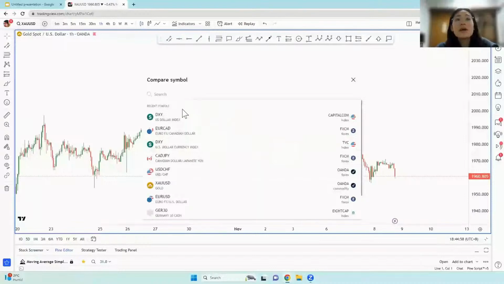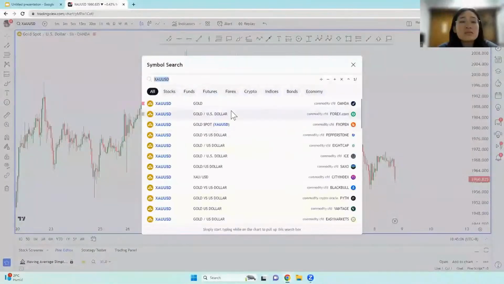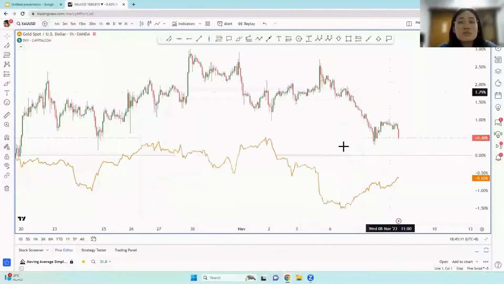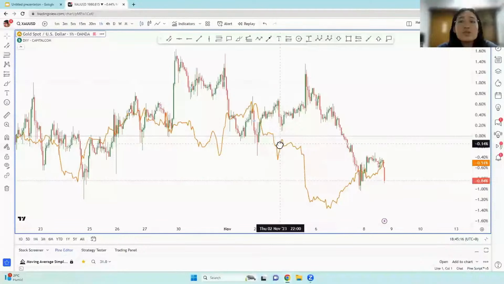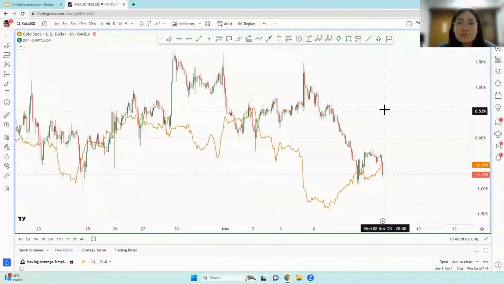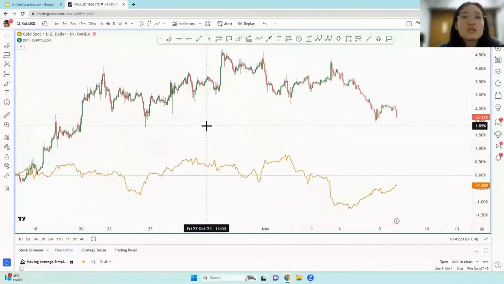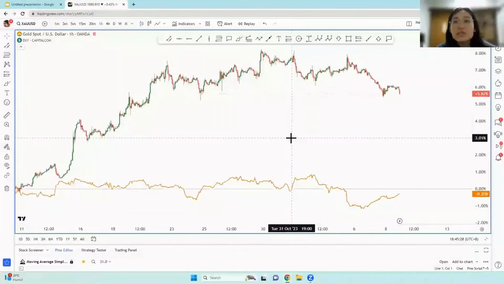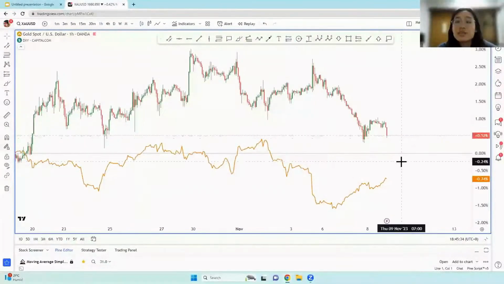Okay, so if you want to compare, let's take a look at DXY. If you're not super sure what the directions are, you can always compare with DXY, since we mentioned that DXY as well as gold tend to be negatively correlated.